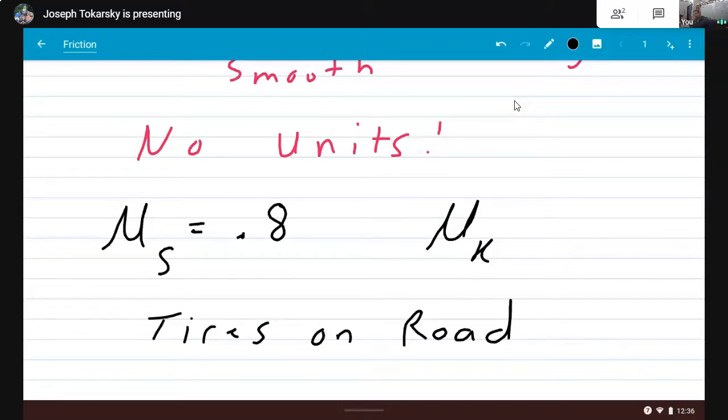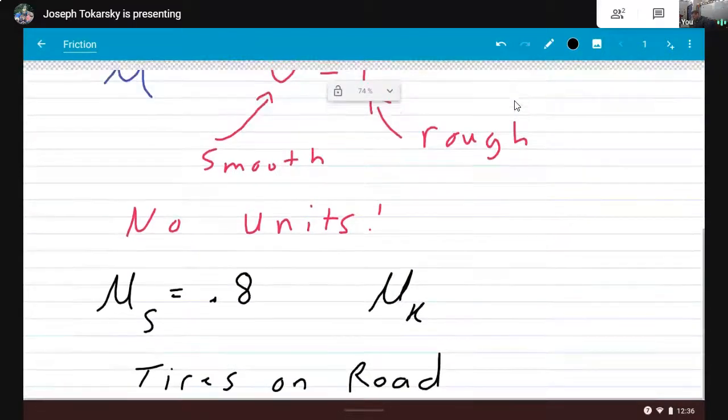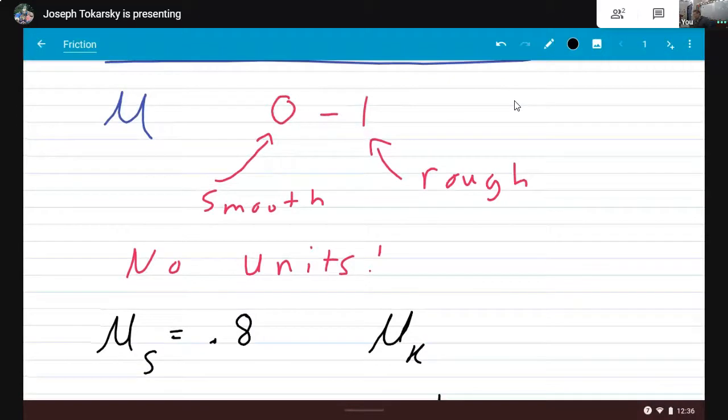It could vary a little bit because there are different styles of tires, but on average, it's about 0.8. And that's good because remember, these values range between 0 and 1, and the closer we are to 1, the better if our goal is to have more friction involved. So 0.8 is obviously much closer to 1 than it is to 0.